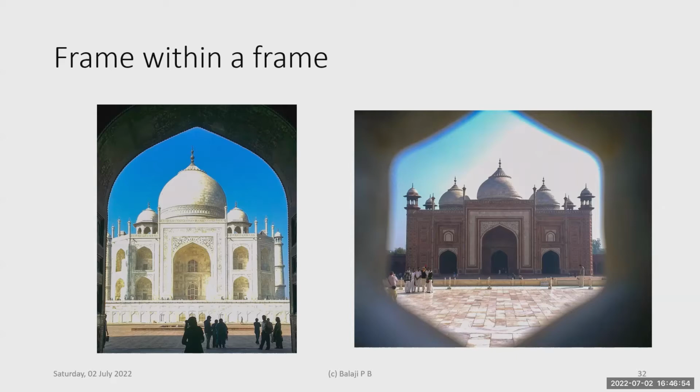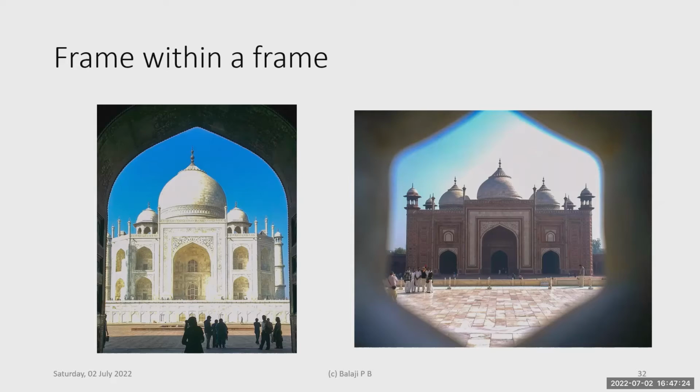So this was a picture of the Taj Mahal, taken through one of the entry arches. The next one is Aurangzeb's tomb, I think, I'm not sure. Here again, on one of the railings, they had a hexagonal pattern through which we try to frame the picture. So whenever we are going to monuments, we can try this. It makes for a very appealing picture.